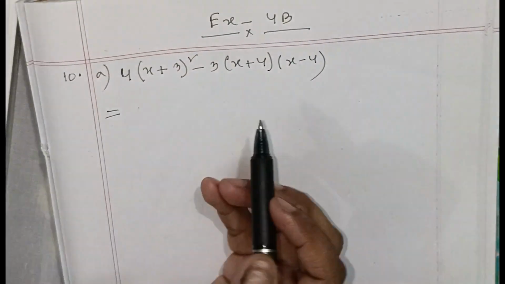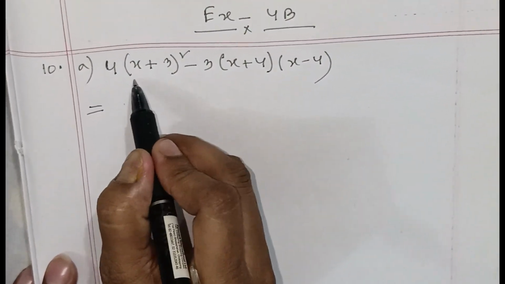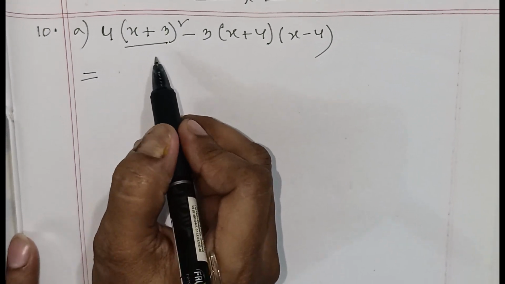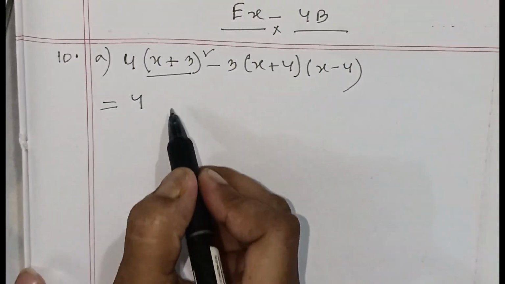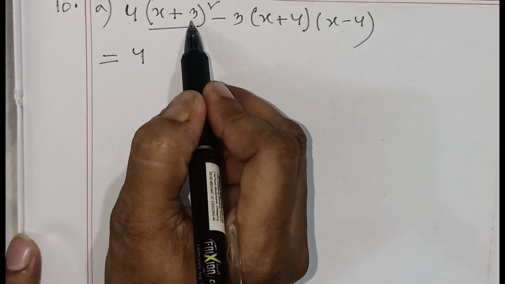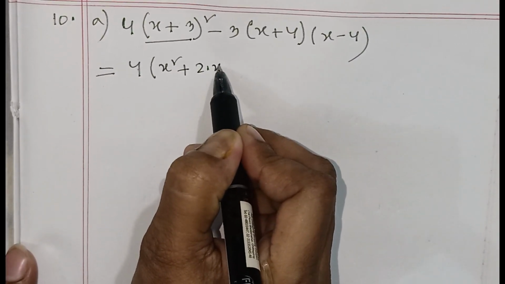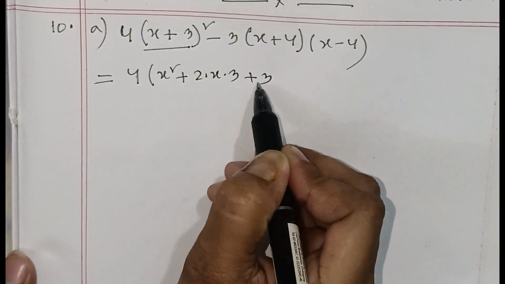See, 4 multiply (x plus 3) whole square, this is a formula. At first apply the formula (a plus b) whole square, that means a square plus 2ab plus b square.